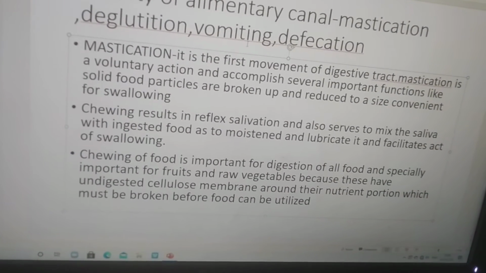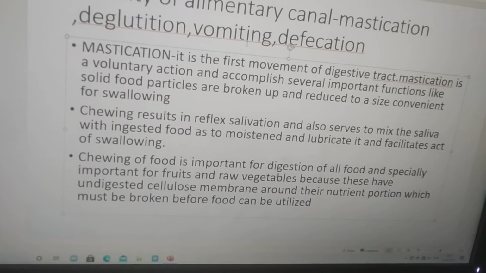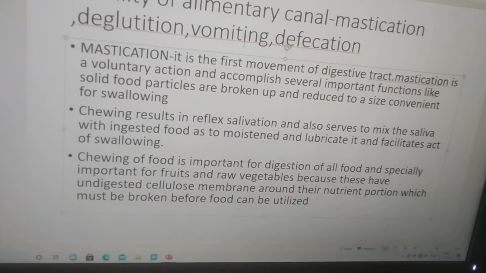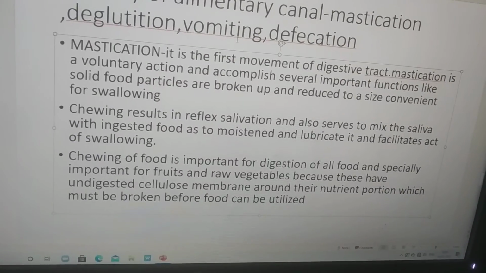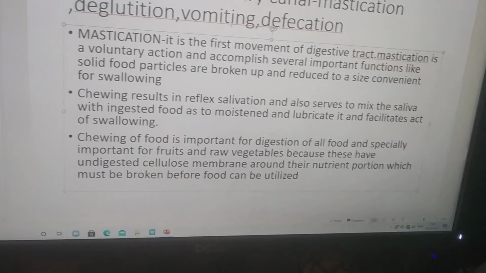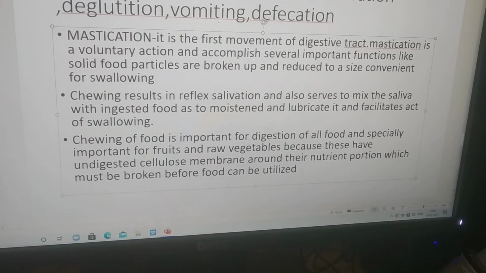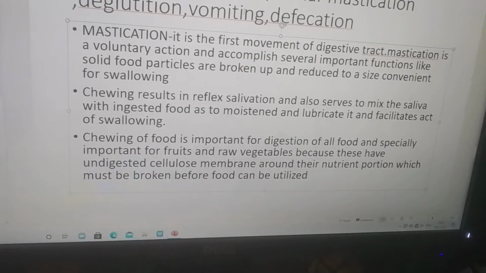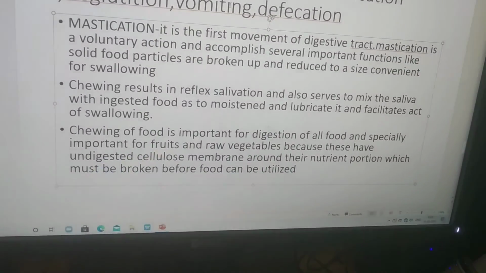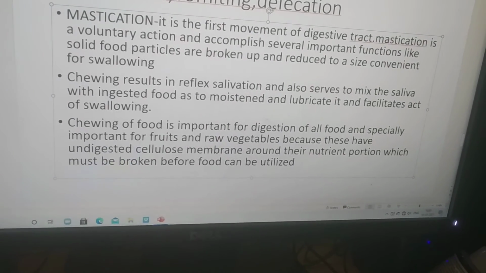Mastication is a voluntary action and it reduces solid food particles to a size convenient for swallowing. Then chewing results in reflex salivation. Due to chewing, saliva is produced and also serves to mix saliva with ingested food, moisten and lubricate food and facilitate the act of swallowing.